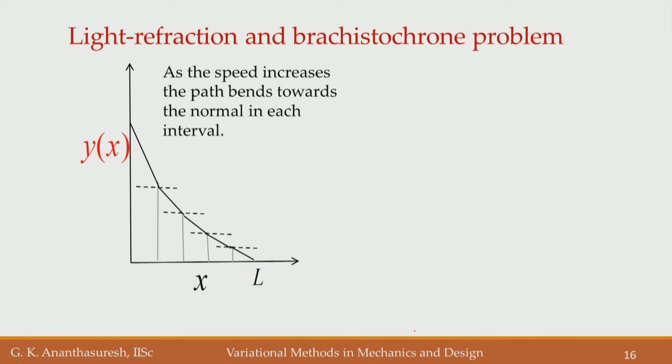Now, if we want, we can actually solve the brachistochrone problem in a similar way to the light refraction problem, right. If you think of this discretization here, as the speed increases, let us say we take this interval very small, thinking that in that short time, this path is very small. So, we can assume that the speed is constant there.